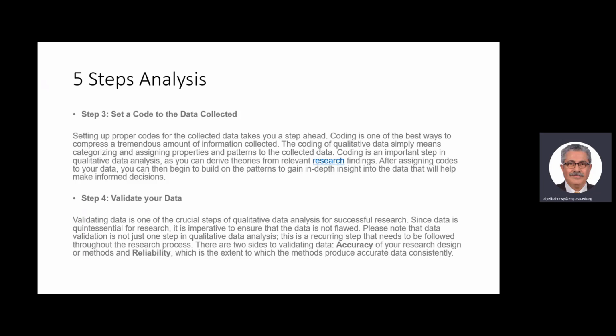Coding is an important step in qualitative data analysis, as you can derive theories from relevant research findings. After assigning codes to your data, you can then begin to build on the patterns to gain in-depth insight into the data that will help make informed decisions.